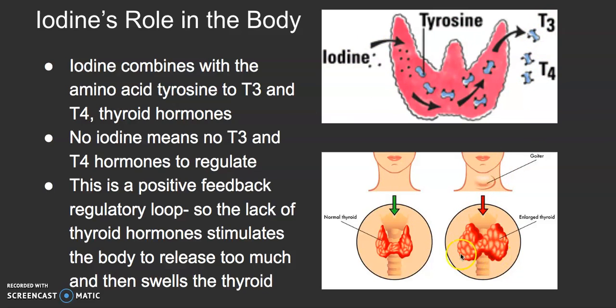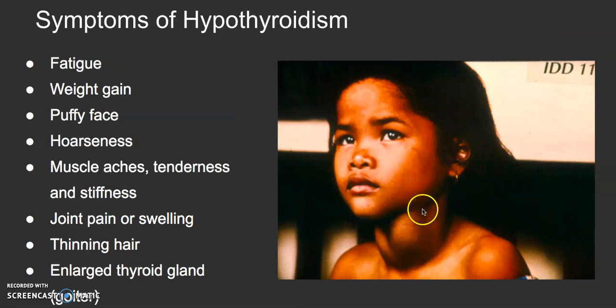And that's what ends up happening here with your enlarged thyroid: this overproduction of T3 and T4, due to lack of iodine, due to this being thrown out of whack, ends up swelling this organ. So this is what it would look like in a person.